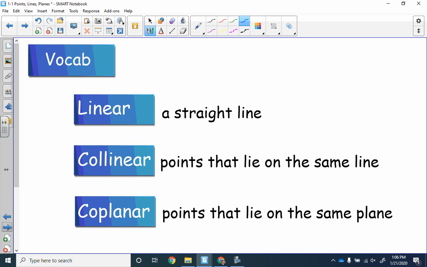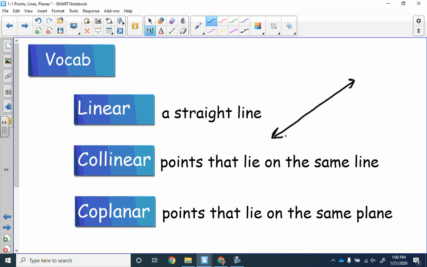Then a couple other words that we're going to add to our vocabulary here. Hopefully you've heard the word linear before, since you're coming from Algebra 1, where you do a lot of linear algebra. And linear means that we are talking about a straight line. When you talk about linear algebra, you're talking about a lot like y equals mx plus b. That is a linear equation, and so it graphs a straight line.